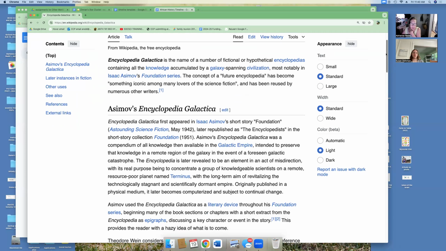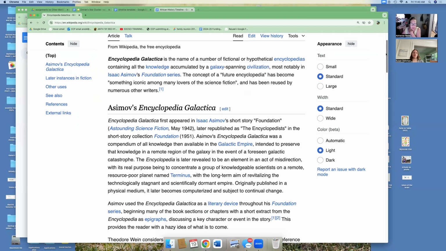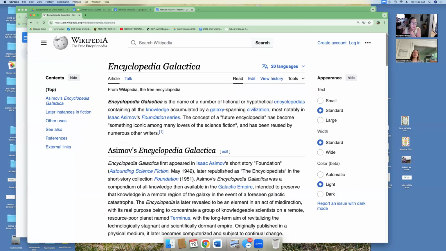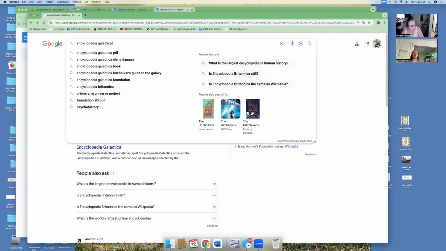Yes. Galactica. Kind of, but no, not galaxy-wide. But I'm thinking in terms of tone. Maybe yes, maybe no. I don't know yet.